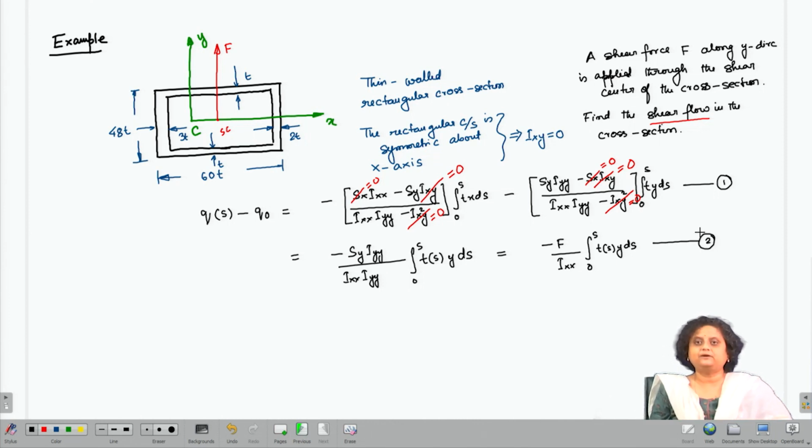Therefore, we see that to find out the shear flow in this cross section, I just need to find out only one sectional property, that is I x x.